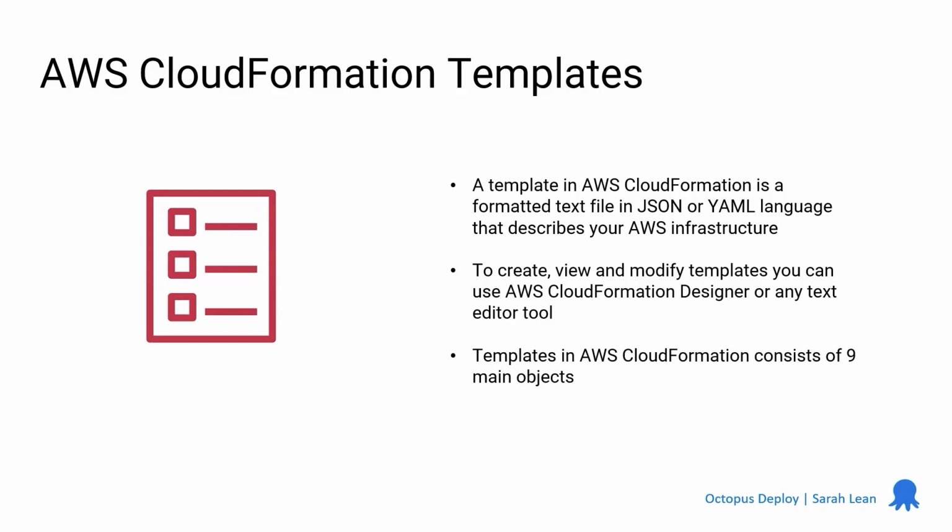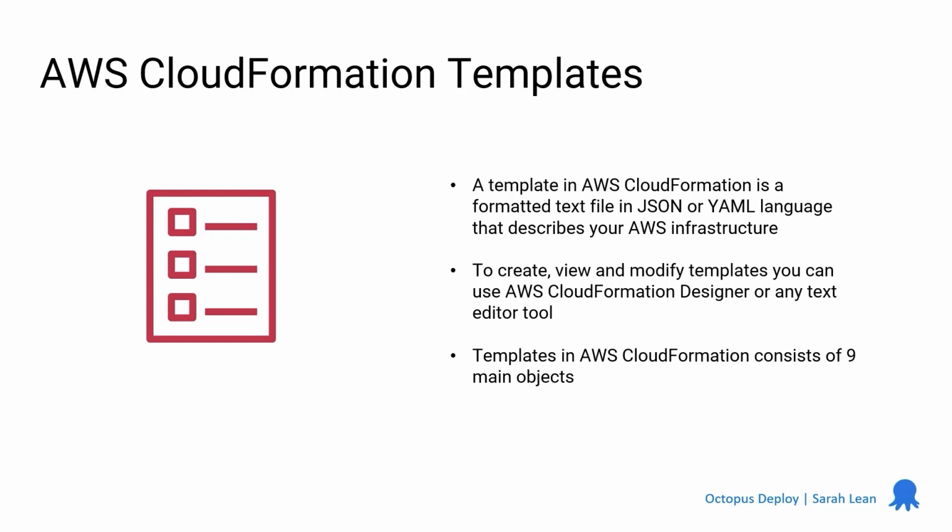Now, with templates, you have a couple of options you can do to get started with them. So you can take a blank page, so you can open up your text editor, your IDE, and create a blank template and start from scratch. Or you could go out on the internet and have a look for some examples or ones that people have shared and created, and they're open source and available for you to take, modify, use, learn from, and build upon.